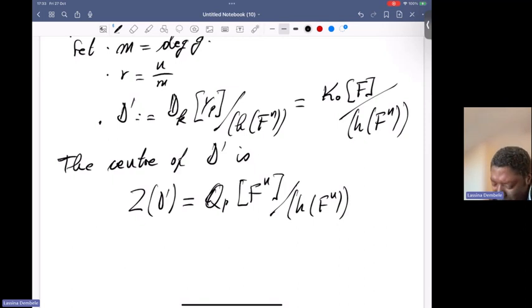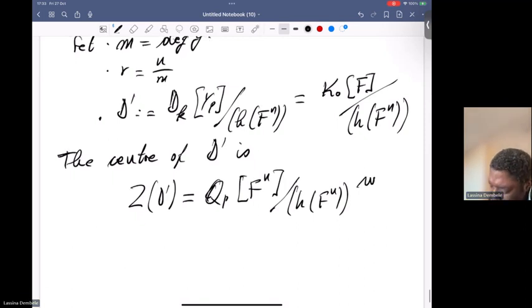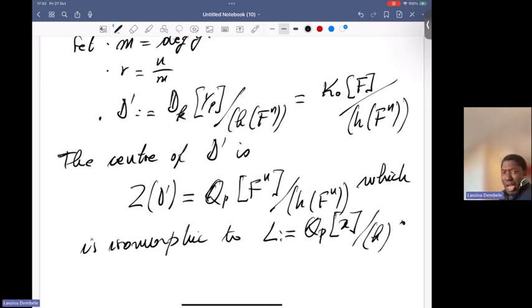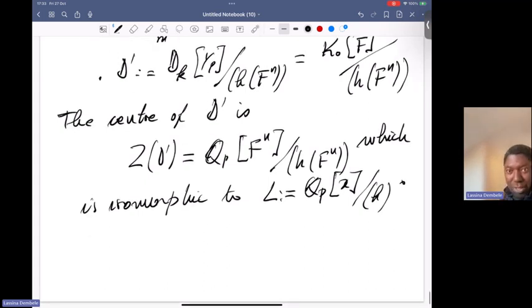And this is isomorphic to the field L, which, if you remember, is Qp of x divided by h. By the same kind of argument we did earlier, it's isomorphic to this field. So at least we know that.